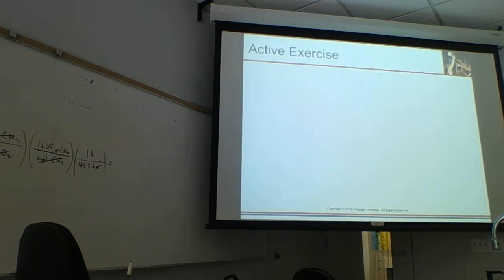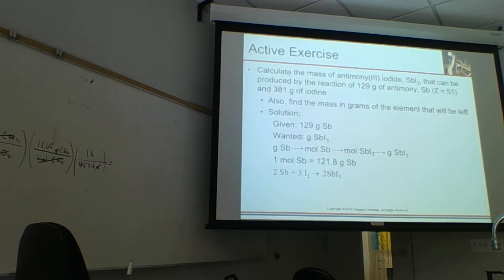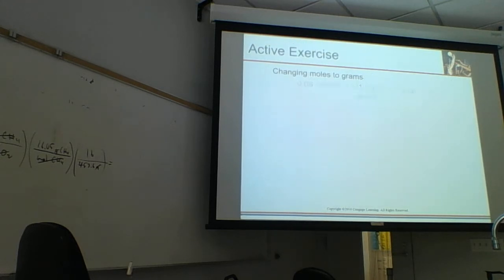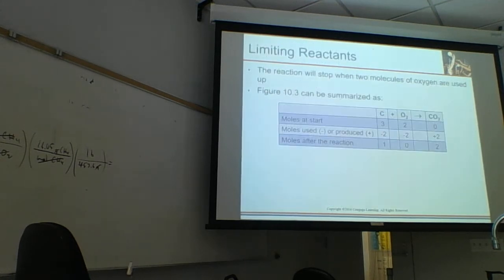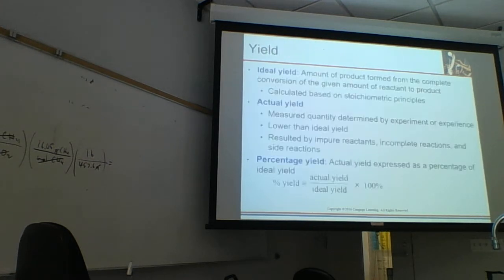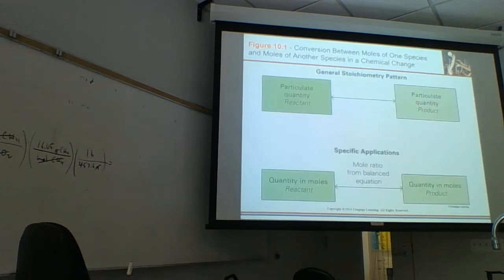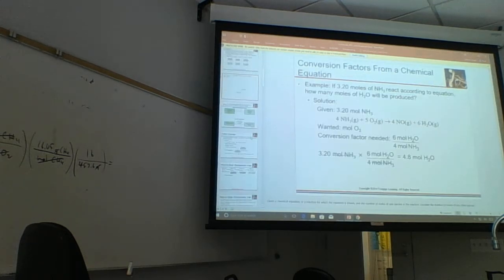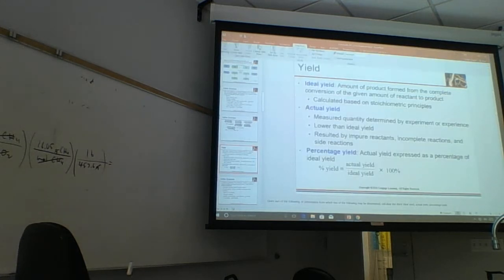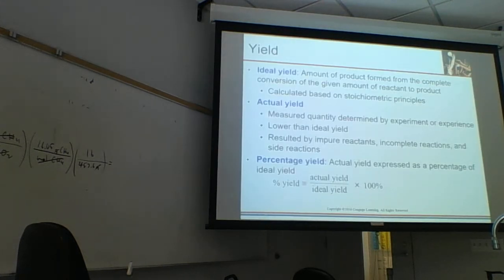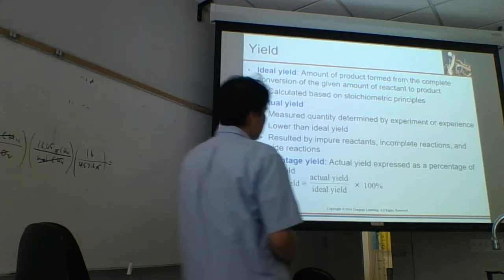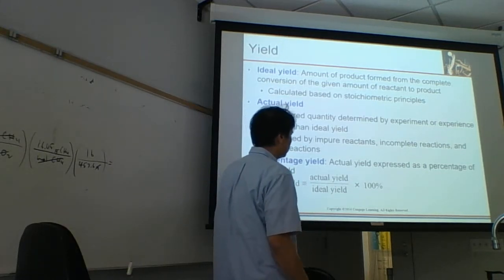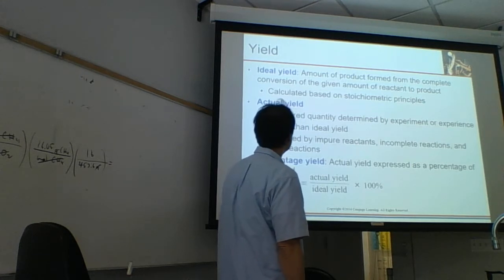Okay, I jumped ahead here in the presentation. I skipped the one section. Let me go back to that section now. I skipped this because I wanted to talk about limiting reagents first, and excess reagents, theoretical yield.